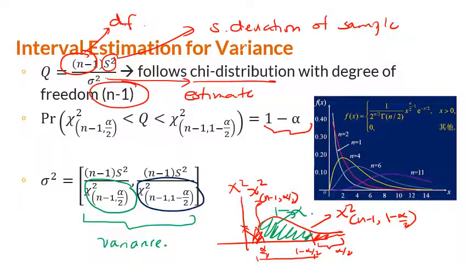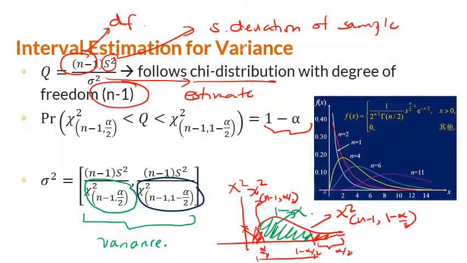So if you look at the chi-square distribution, usually the value of chi-squared at alpha over 2 is larger than chi-squared at 1 minus alpha over 2. So what does that mean? The denominator in green, in the left interval, is larger. So the value of this is smaller in comparison to the right side of the interval.